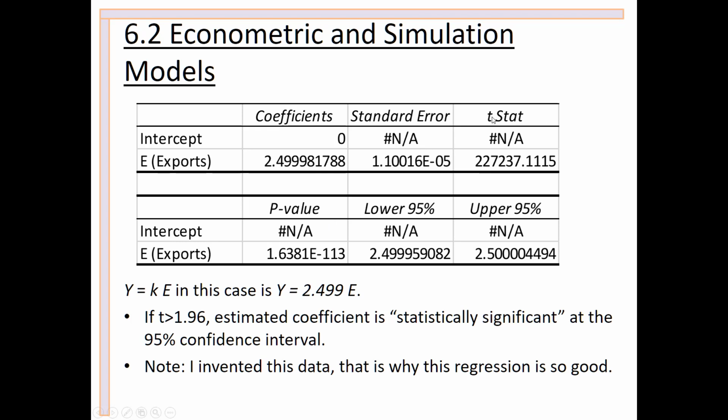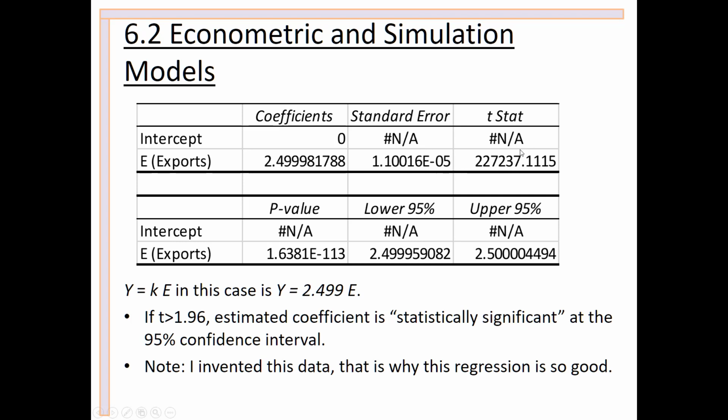Now, how do you test the quality of that estimate? One way to look at it is to see the t-statistics, this column here. Whenever the t-statistic is larger than 1.96, that means that the coefficient is statistically significant at a 95% interval. Now this is much larger than 1.96. Again, I invented the data, so I invented very good data.